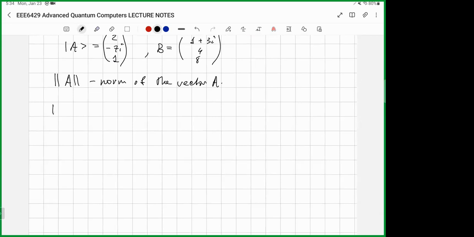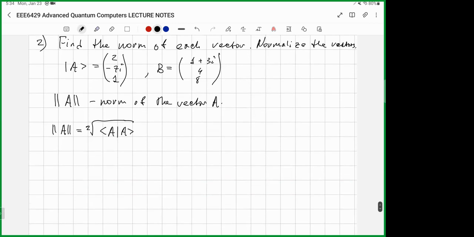And how do we find the norm? The norm of a vector is equal to the square root of the inner product of the vector by itself, basically <A|A>. To find this inner product, we need to rewrite this ket vector as a bra vector. So it will be 2, then plus 7i, because of the complex conjugation, and then 1.